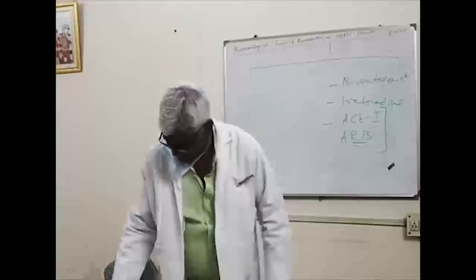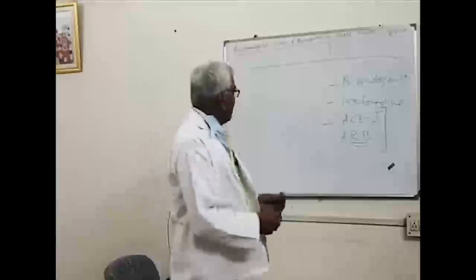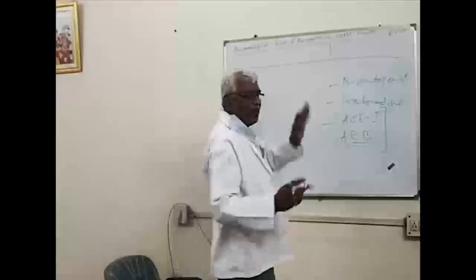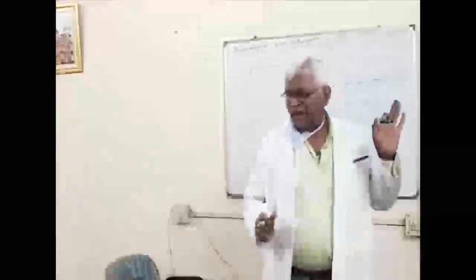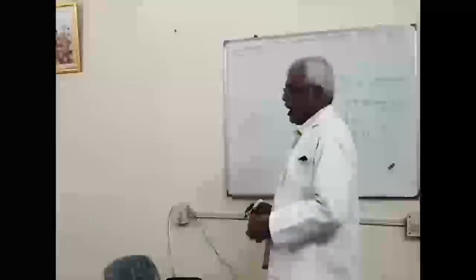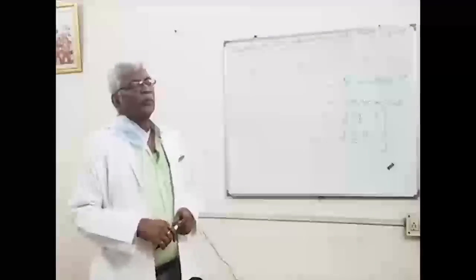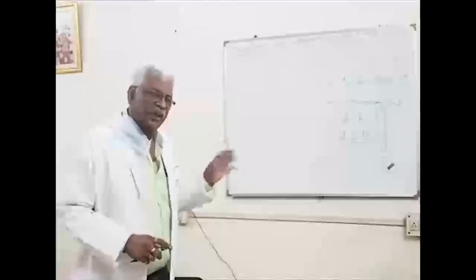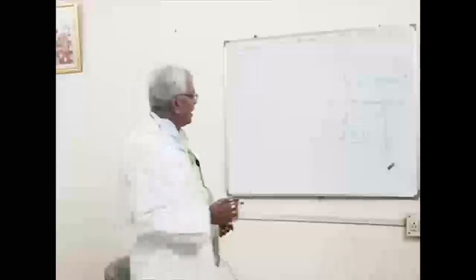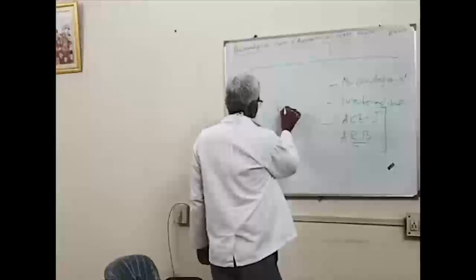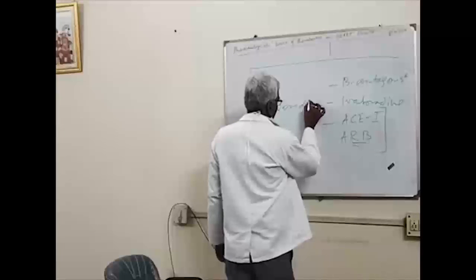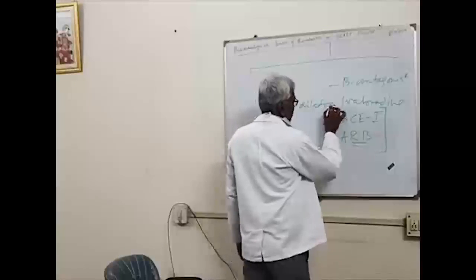Now, in order to decrease the afterload, if you remember that figure where I showed the left ventricle pumping blood out, and if it is meeting impedance, then in order to reduce the afterload, the drugs used are the vasodilators. Vasodilators are of three varieties.